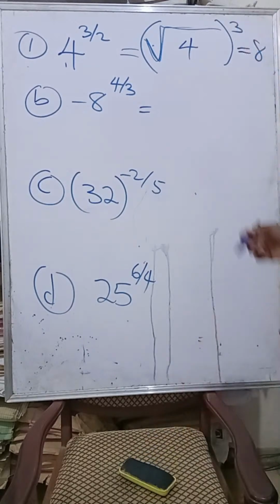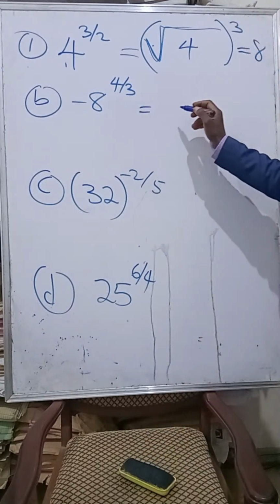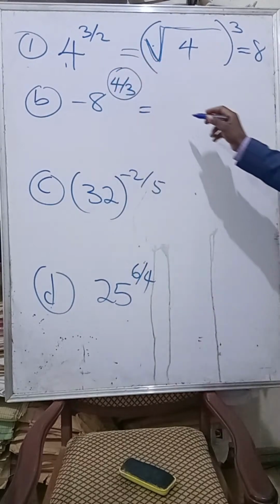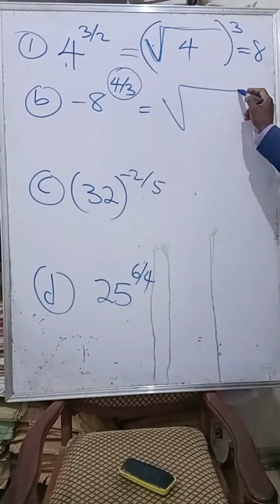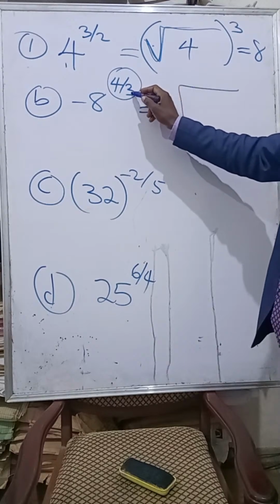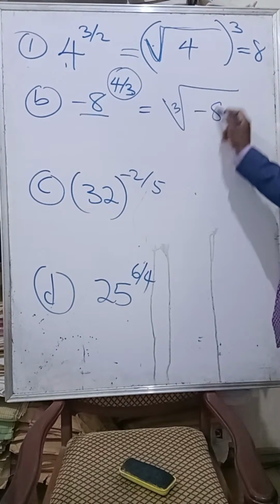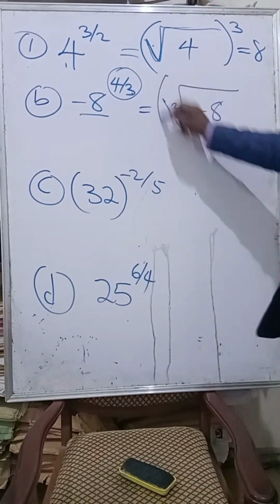The b is going to be what? This is a fractional power, so it's going to be a root. The denominator of that exponent will be the index, the base will be minus 8 to the power 4.